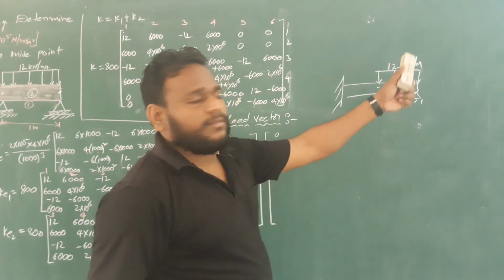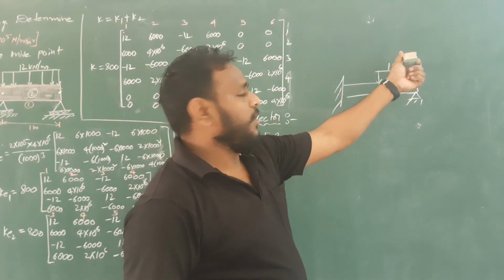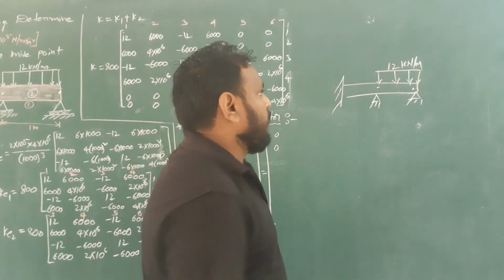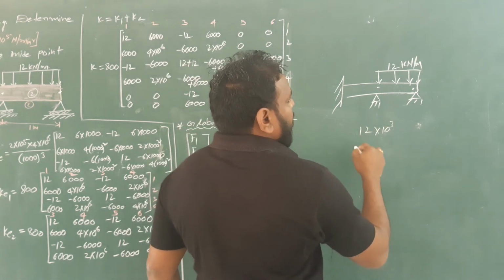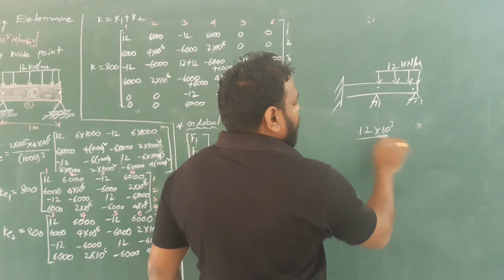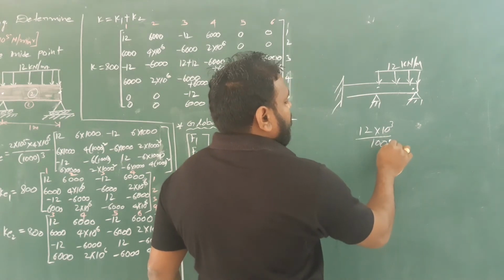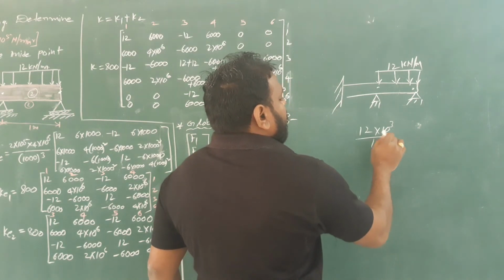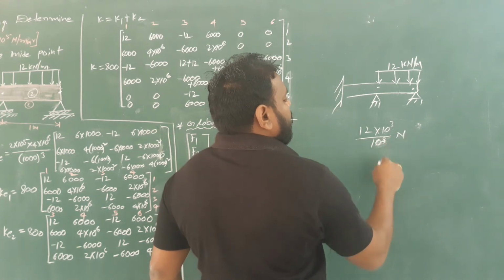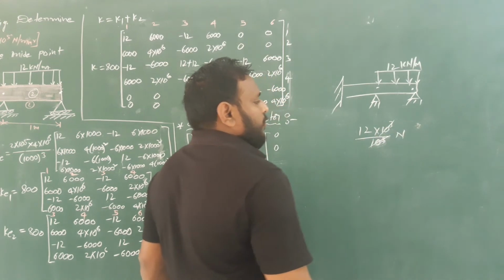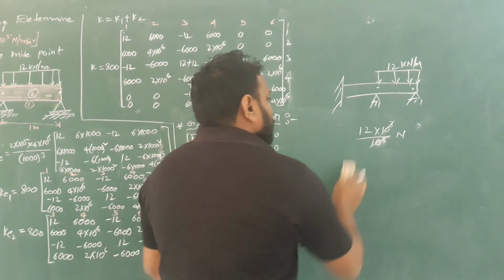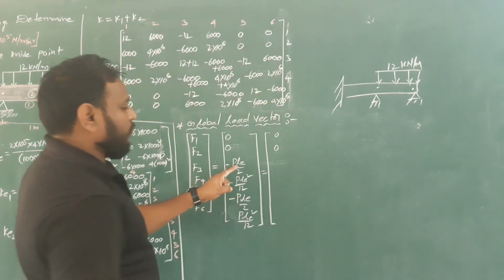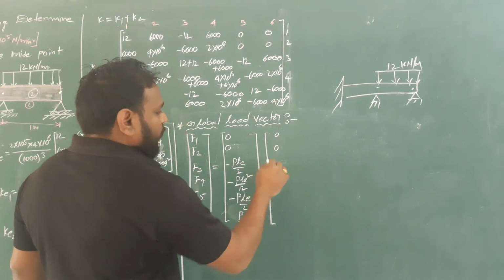This load converts into a point load: 12 kilonewtons, 12 into 10 to the power of 3, divided by 1000 per meter, that is 10 to the power of 3, and 10 to the 3 cancel. The point load is 12 newtons. So here P is 12. Substitute the 12 value here.